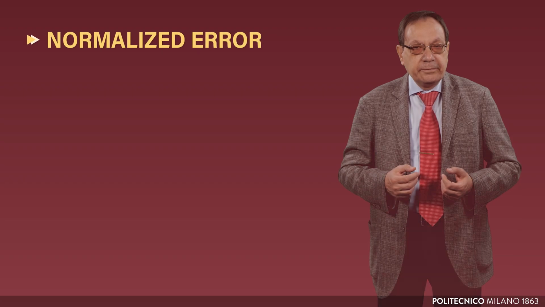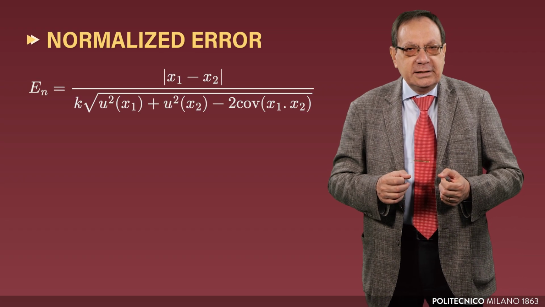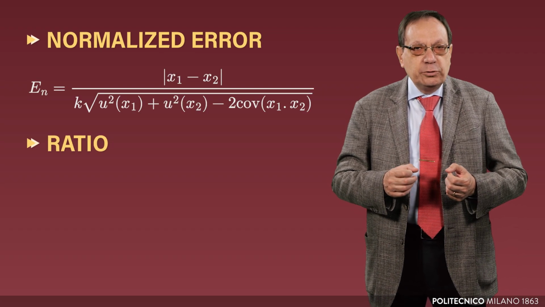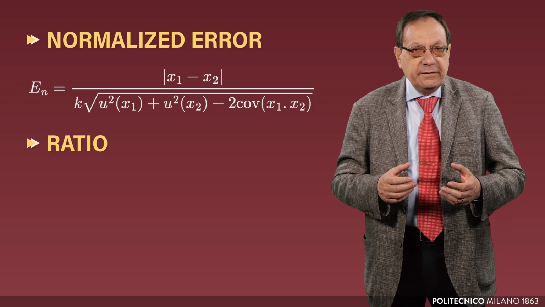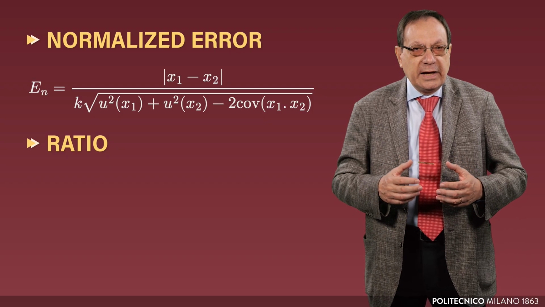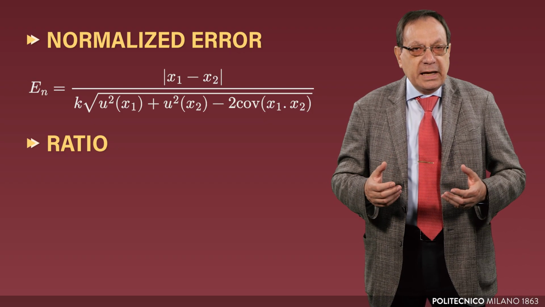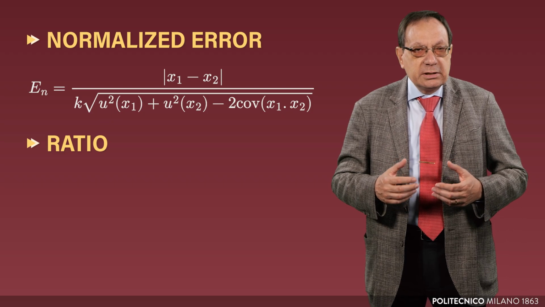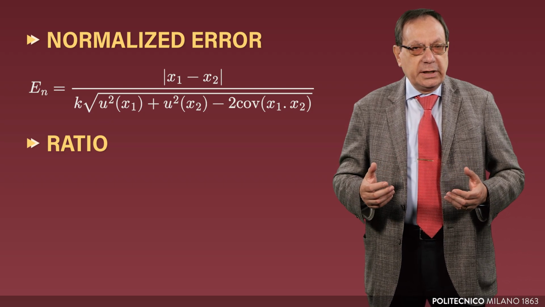Metrological compatibility is often also expressed using the normalized error. As you can see here, it is obtained as the ratio between the absolute value of the difference between the two measured values and the expanded uncertainty with which that difference has been evaluated.